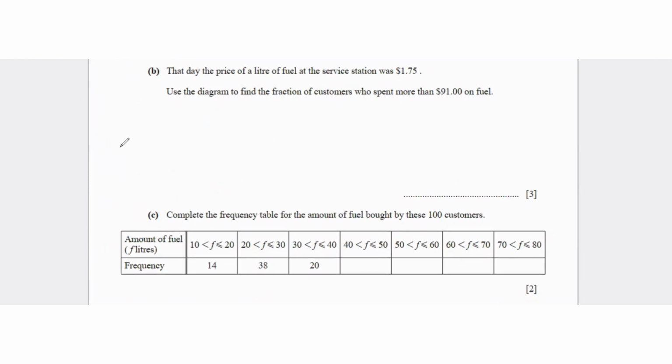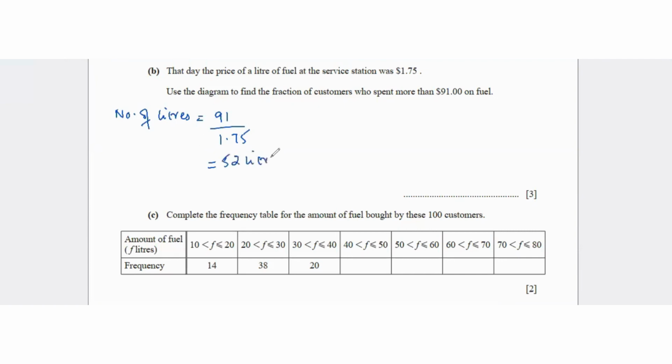So first we're going to find the number of liters for this price. 91 divided by 1.75 is 52.